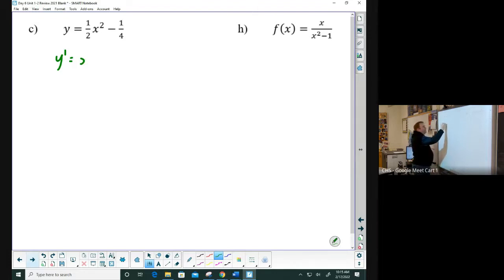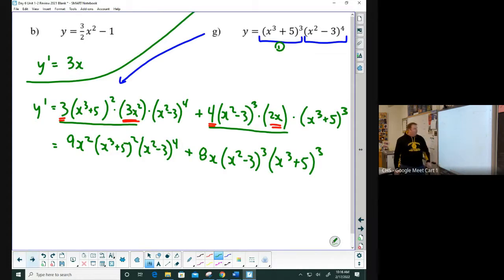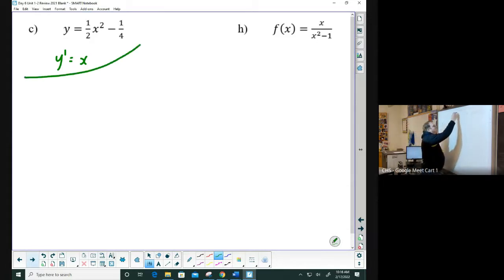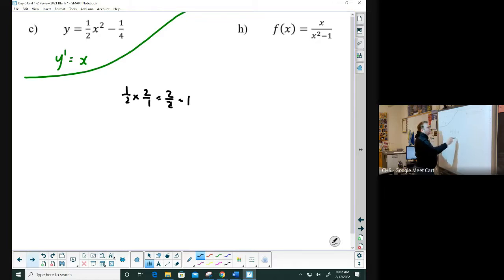And then again, the constant is just 1/4. It's a constant. I don't care if it's 1/4 or if it's 1. It's still the derivative of that, 0. And so look at that. There's that one done. Again, if you wanted to see the math that I did here, I have 1/2 times 2, which is 2/1. That's 2/2, which is 1. Or they cancel, you see it's 1.